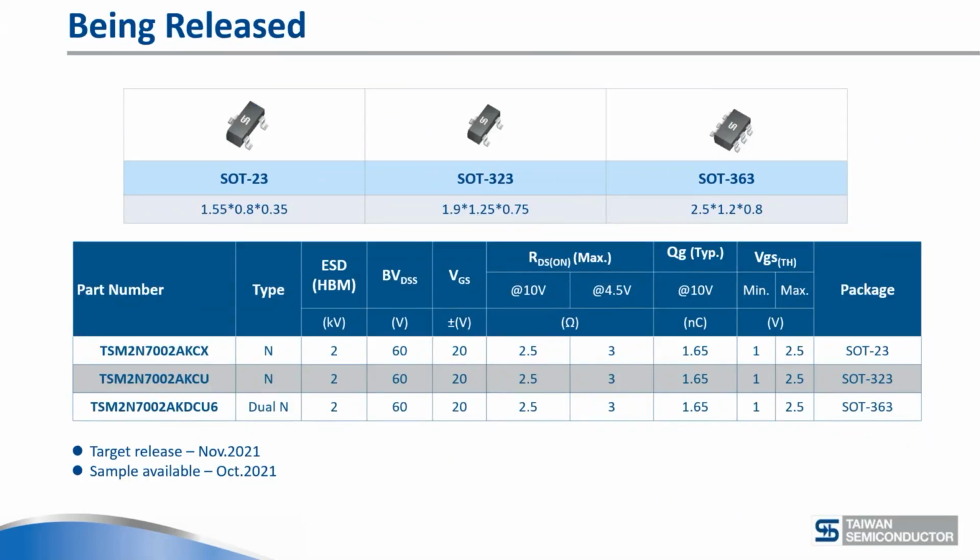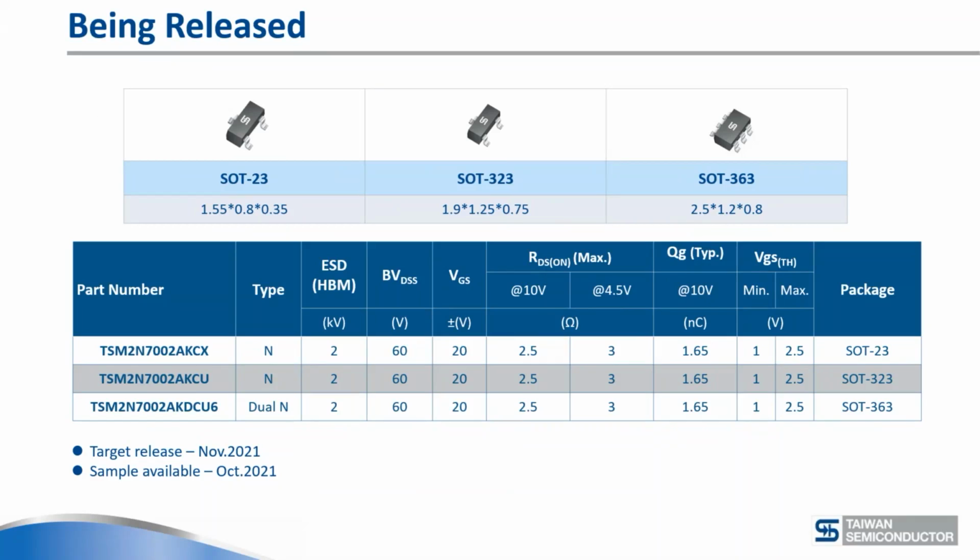I think the 2N7002 is available, and the market is still huge. Small signal MOSFETs are probably a market of several hundred million. These are some of the more popular devices. The dual ones are also common in measurement circuits. As it says in the title, these devices are being released.